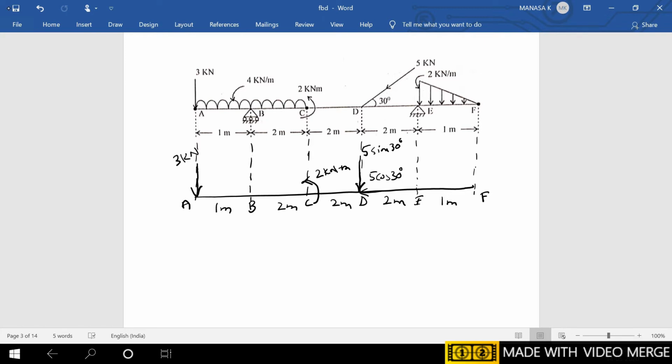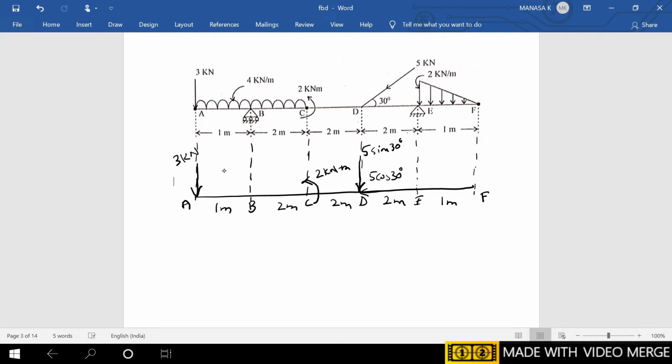But in this problem I'll convert the UDL in such a way that I'll take the UDL once for the stretch AB, another time for the stretch BC.